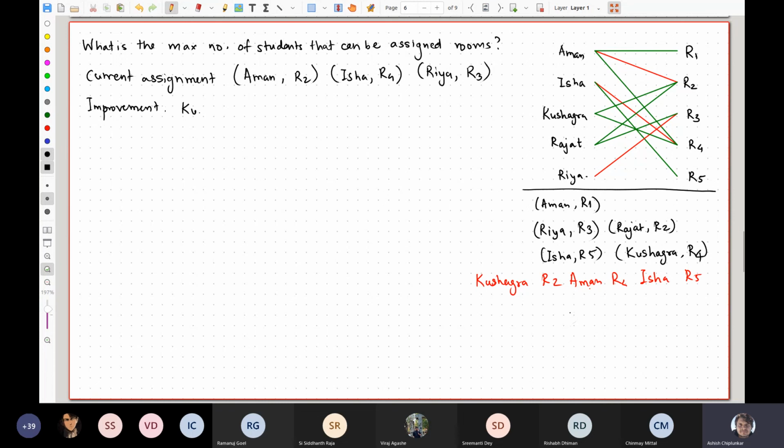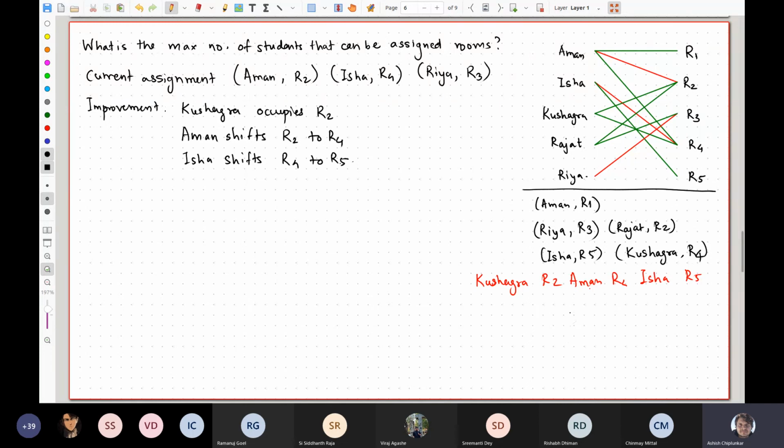Kushagra occupies R2, Aman shifts from R2 to R4. Then Isha shifts R4 to R5. Yeah, very nice. So this is precisely the idea behind the algorithm.